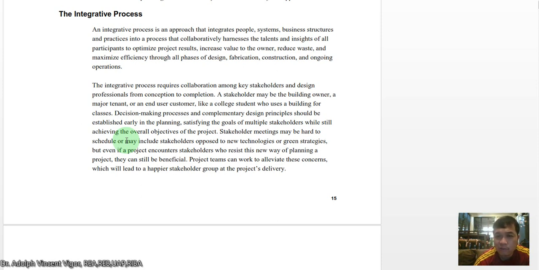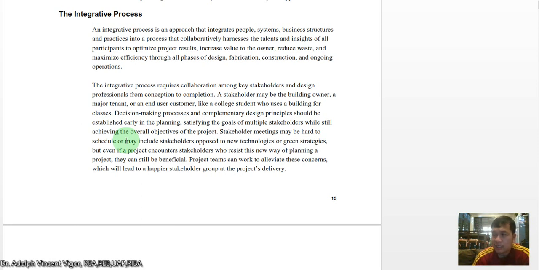A stakeholder may be the building owner, a major tenant, or an end user customer. Like a college student who uses a building for classes. Decision making processes and complementary design principles should be established early in the planning, satisfying the goals of multiple stakeholders while still achieving the overall objectives of the project.